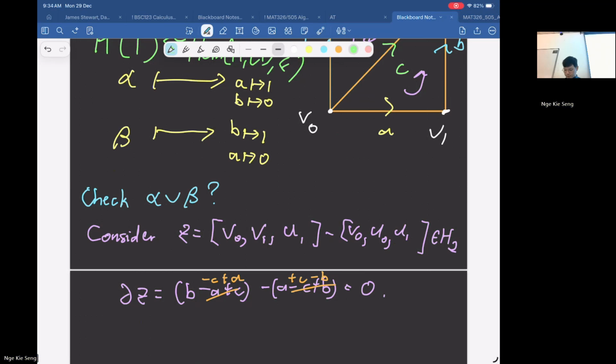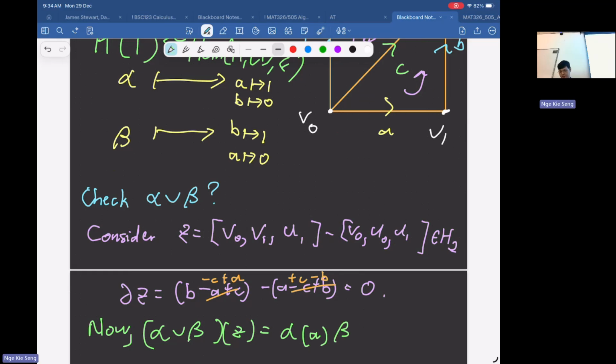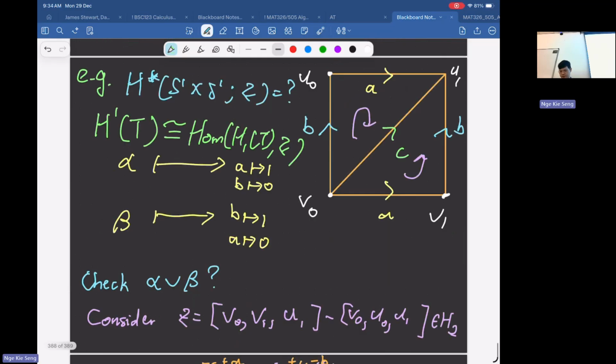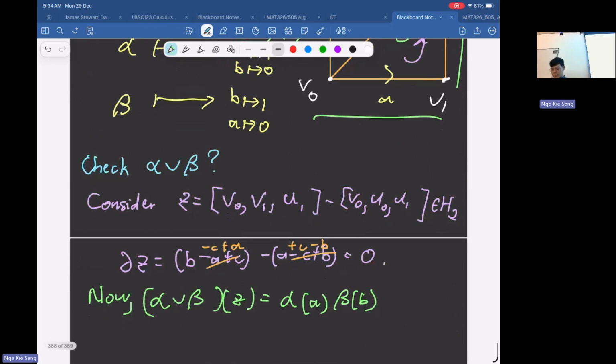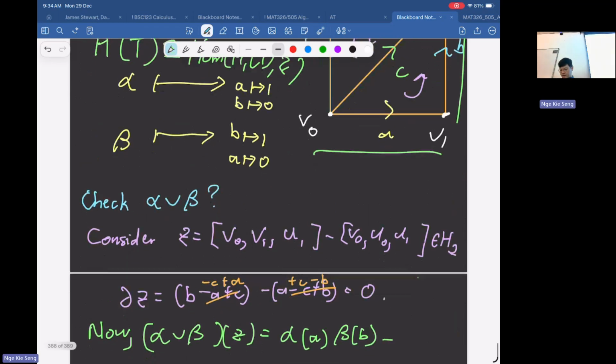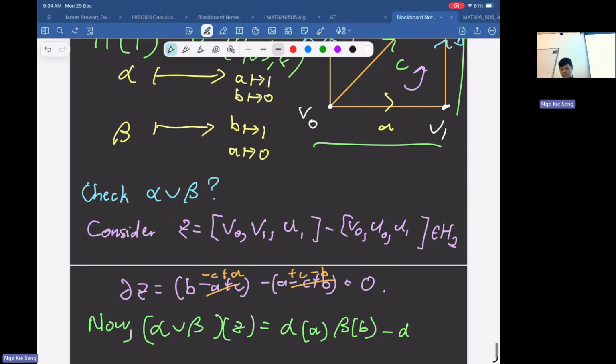But now we can look at the cup product applied on this two-cell here. What do we get? What we get was alpha of A times beta of B, right? Because you split the two-cell into two one-cells. And then the other one is alpha of A. What am I doing here?